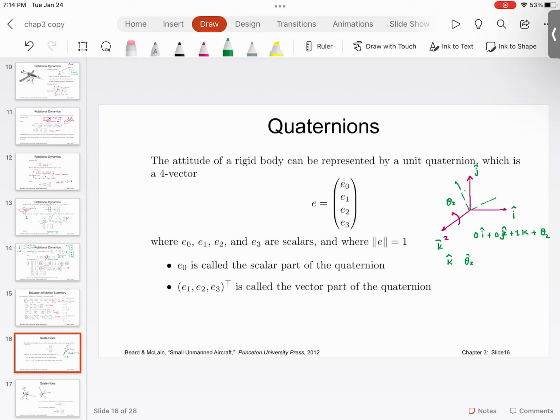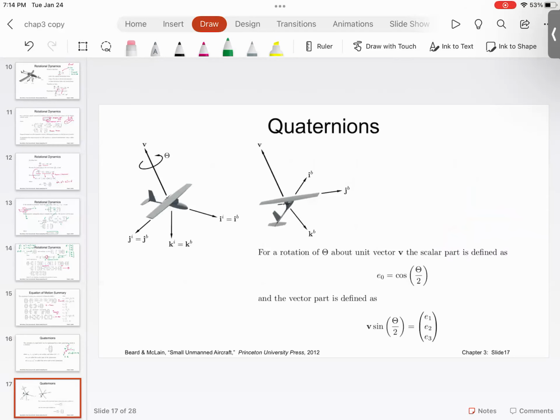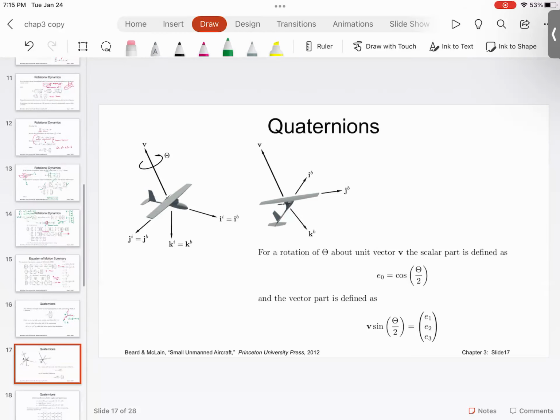The trick here is that those are all unit quaternions, which means at the end of the day the total magnitude has to equal 1. This is how a quaternion is represented: you have the magnitude, which is the rotation, and then you have the axis.